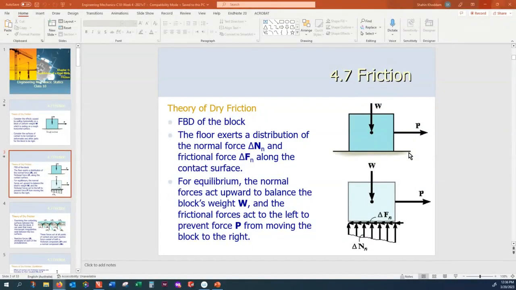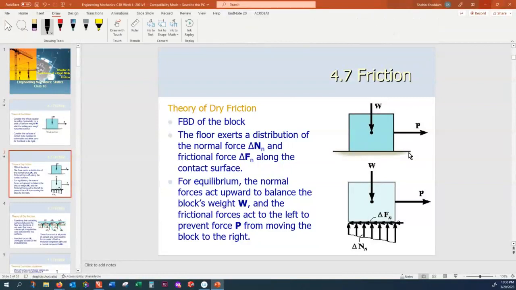But that force is distributed. That's not a single force. It goes over all the interface. It starts from the beginning here and it develops up to here. So yes, that friction force is proportional to how much these two surfaces are pushed together.